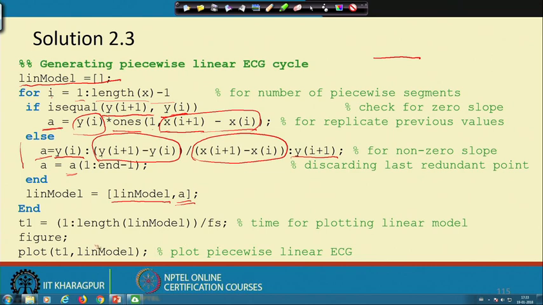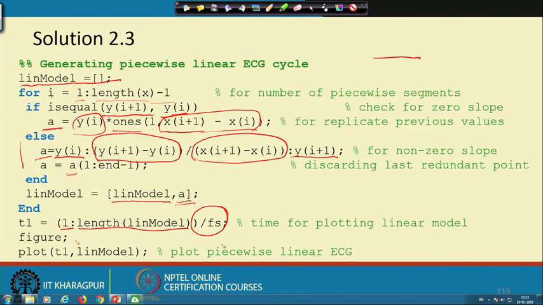So, at the end of the for loop, once our linear model is ready, the first thing is to look at what is the length of it, that we get using the command length of linear model. And now, we create a ramp from 1 to length of this linear model and multiply it with 1 by f s to create the time index for plotting this linear model.